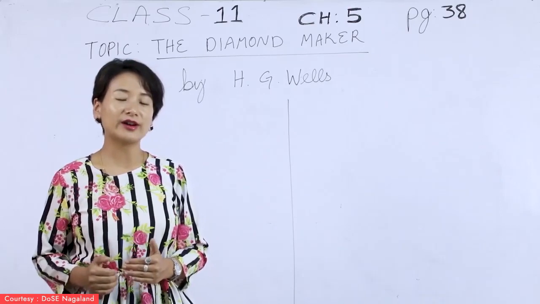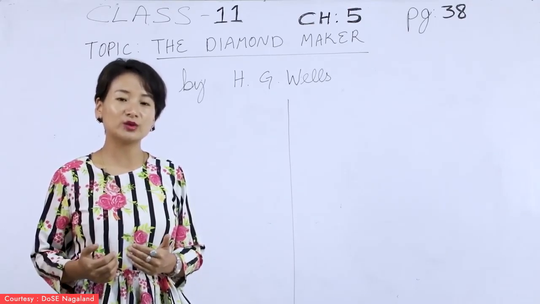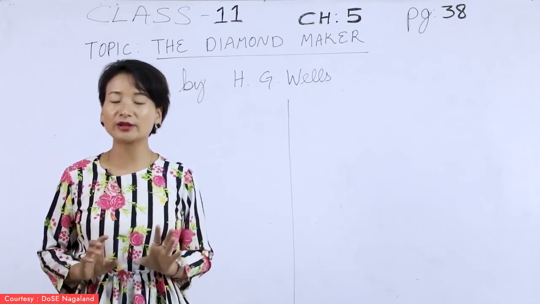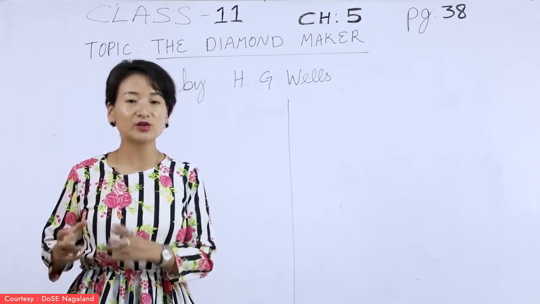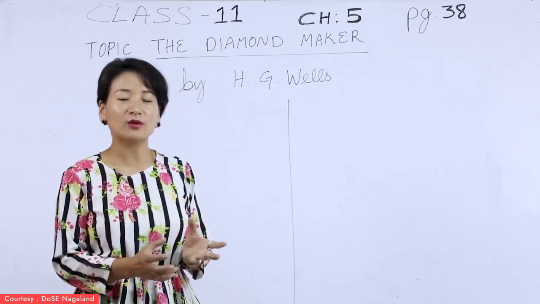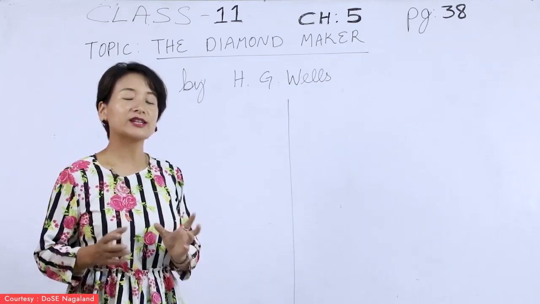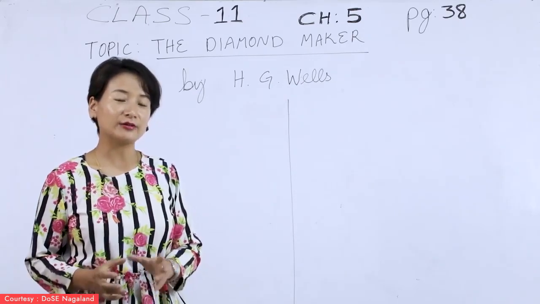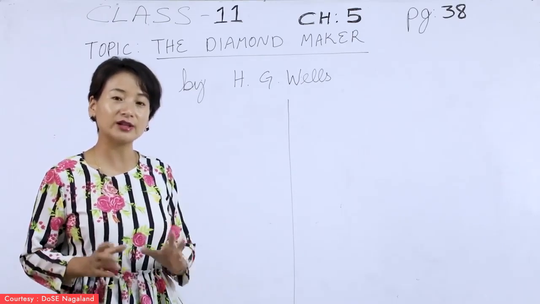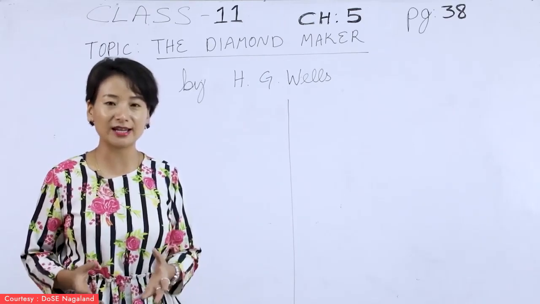And now we are going to find out how, when this criticism was being given to the stranger, the narrator was not able to understand the stranger and was basing his judgment on appearances only. Now, what happened to the stranger or the diamond maker? What is his point of view regarding the way he appeared, very poor looking, sickly, and so on?